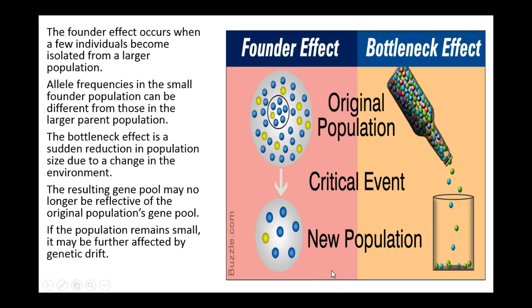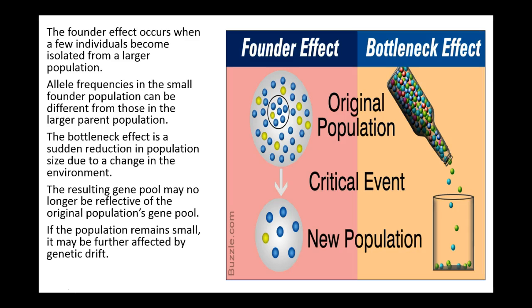And we left off here. We were talking about the founder effect, and you can see in the image that you have a certain percentage of the allele skewed toward the blue marbles as opposed to the white. That does not represent the larger population it came from.